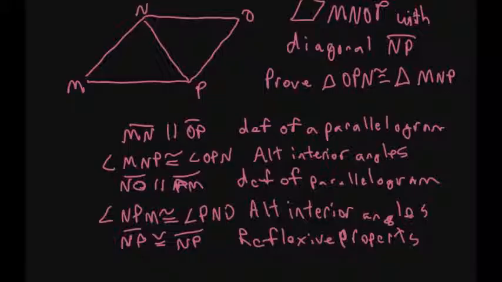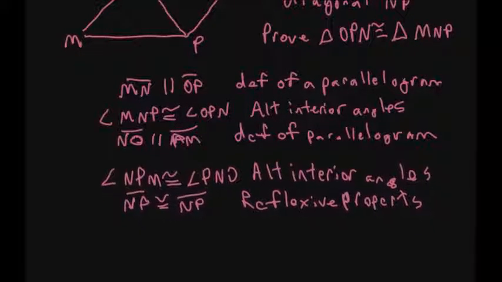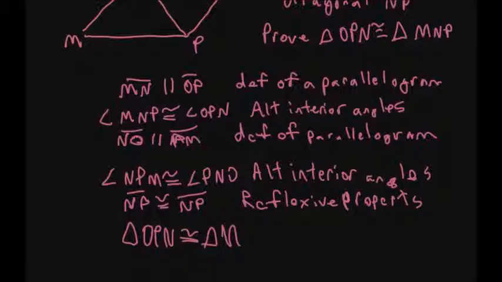So I can prove these two triangles. So triangle OPN is congruent to triangle MNP because I have an angle, I have a side, and I have an angle. So I proved it based on angle, side, angle.